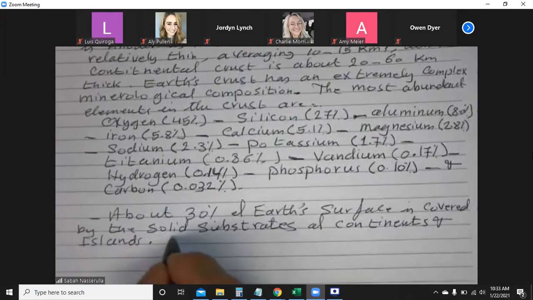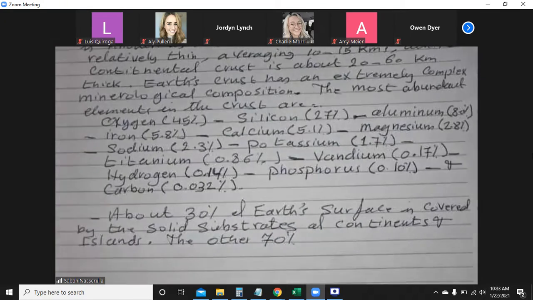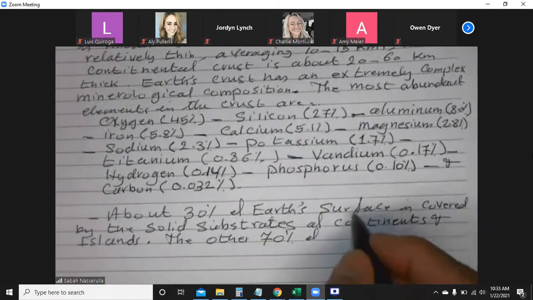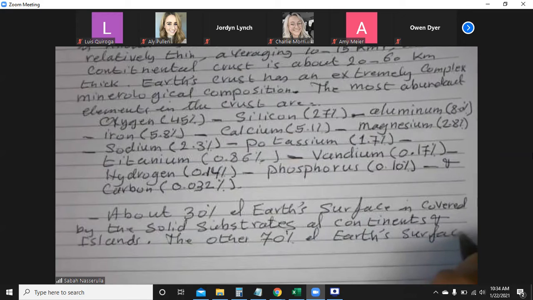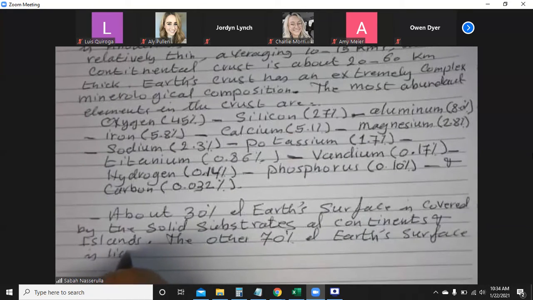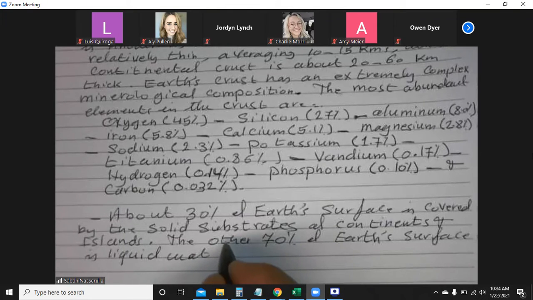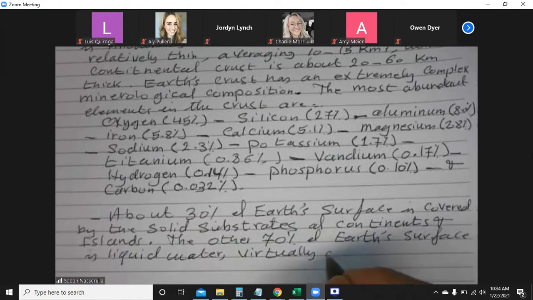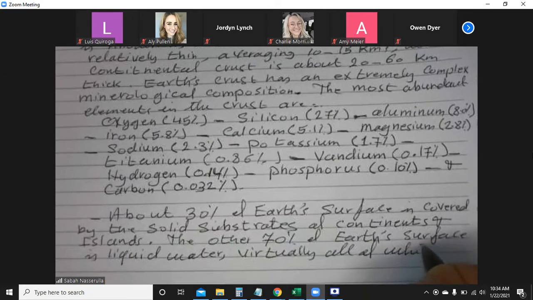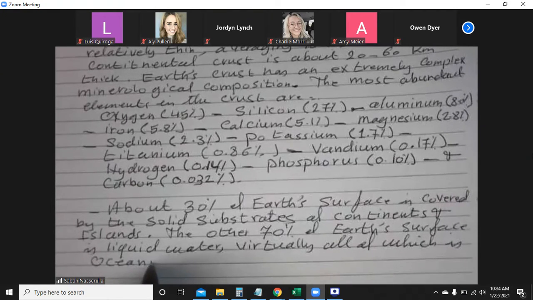And the other 70% of the Earth's surface is liquid water, most of which is oceanic. Of course, there are others, but virtually all of it is oceanic.